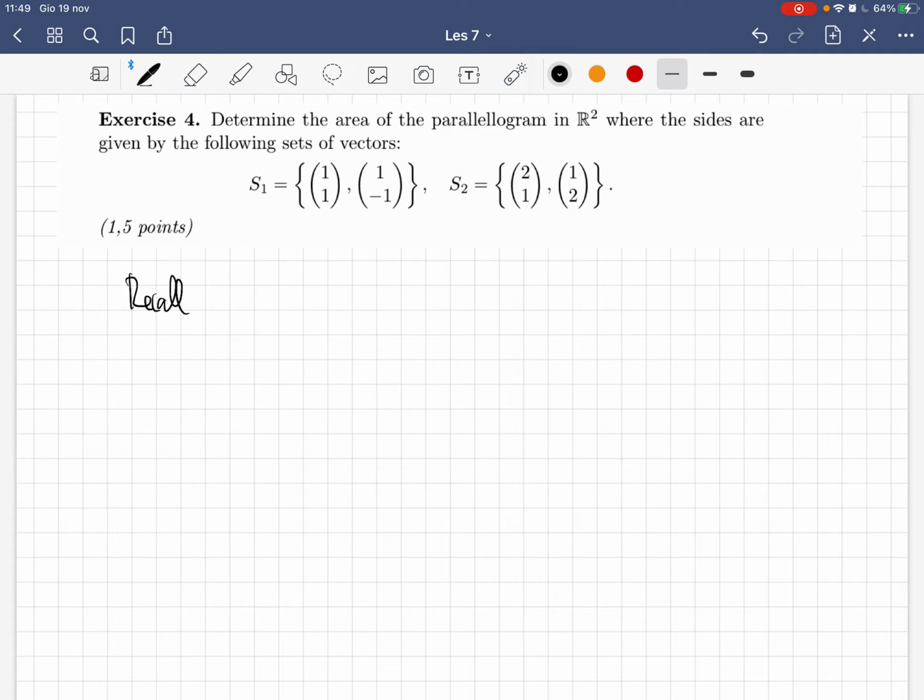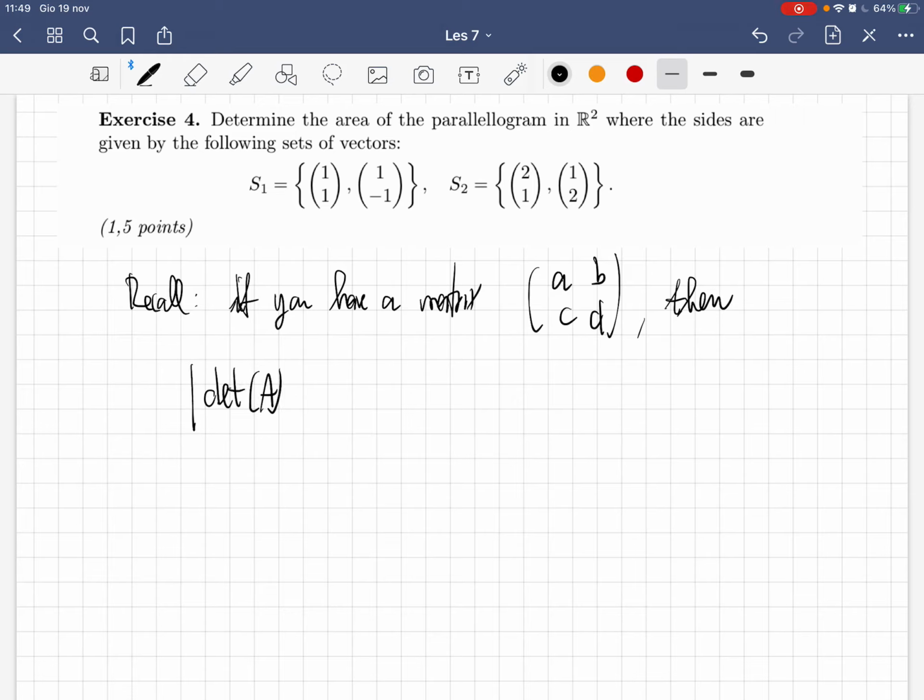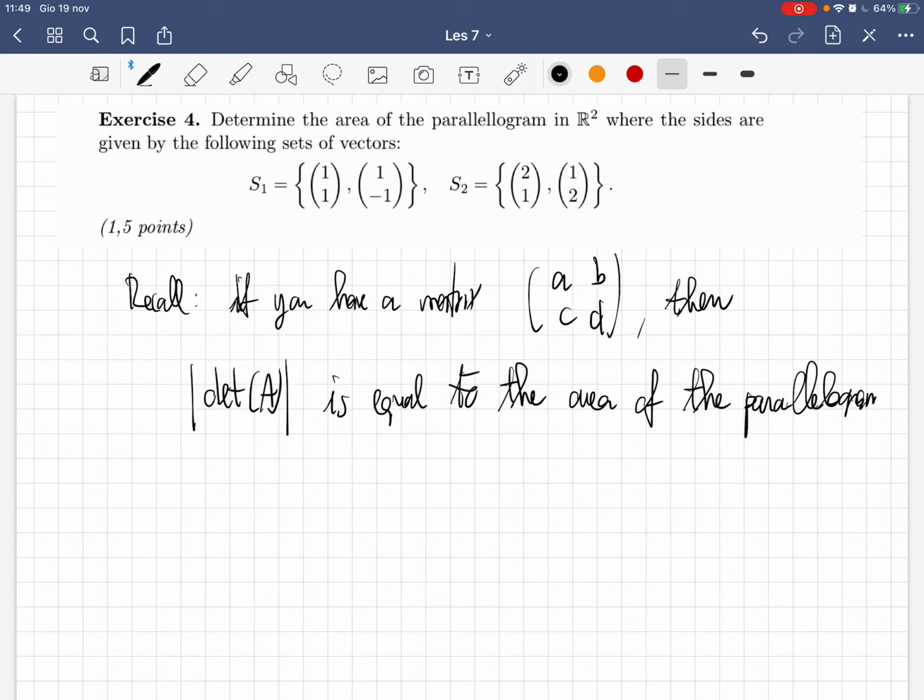So recall, let's say that if you have a matrix A, B, C, D, just 2 times 2, then if you take the determinant and take the absolute value, it is equal to the area of the parallelogram spanned by the column vectors.